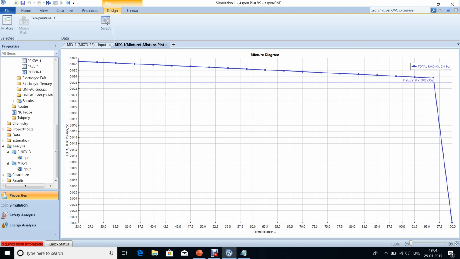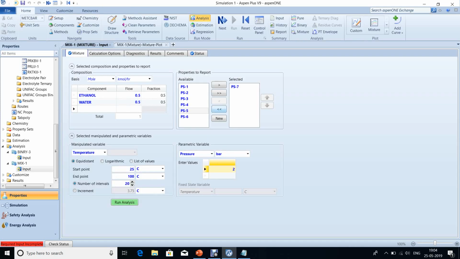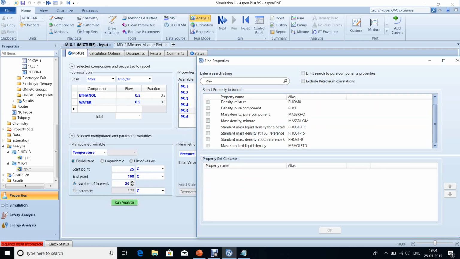That shows that at this condition, that is 2 bar and 96.19 degrees Celsius, the phase is getting changed, right? That is the thing, right? We can also see the phase change.